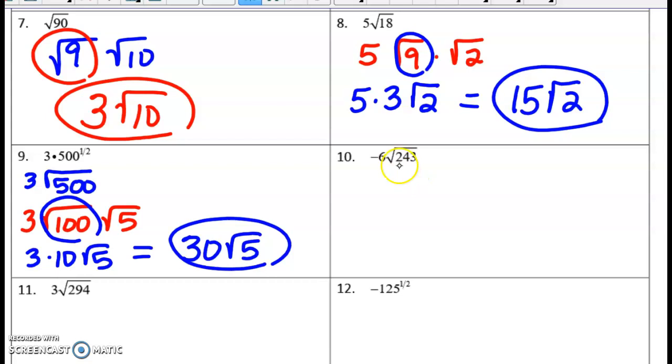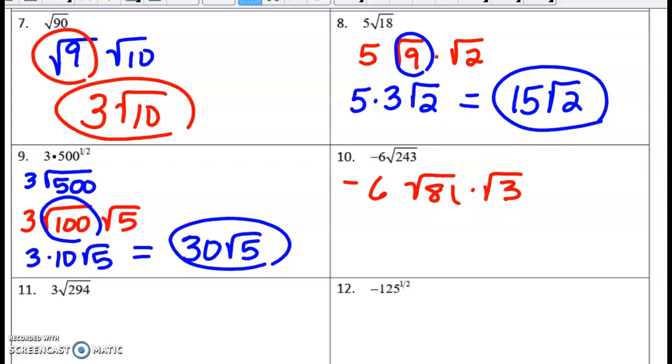Okay, so when I have 243, I might need my calculator for this one. So I would try 144. That does not divide in evenly. I try 121. That does not divide evenly, although it's close. I try 100, and then it's going to be 81. So it's -6 times the square root of 81 times 3.